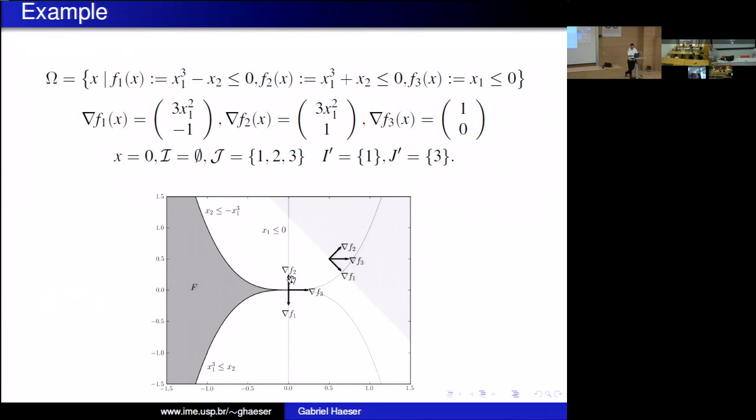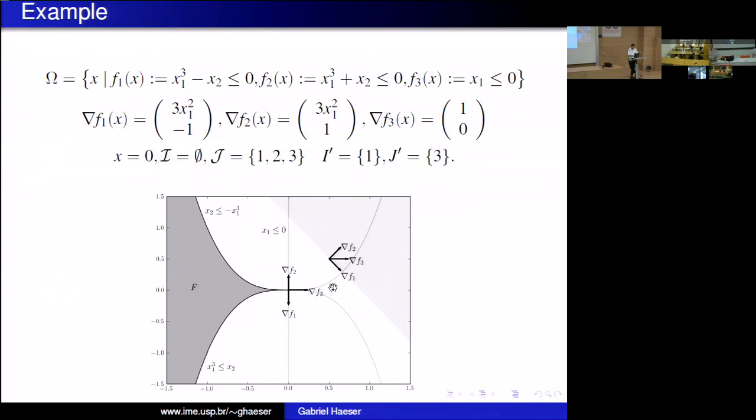At this point x, we removed the vector f2 and treated f1 as an equality. I can generate the same cone, and this is now positive linearly independent.